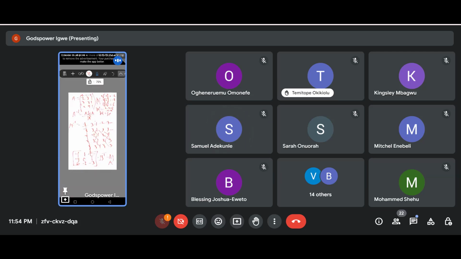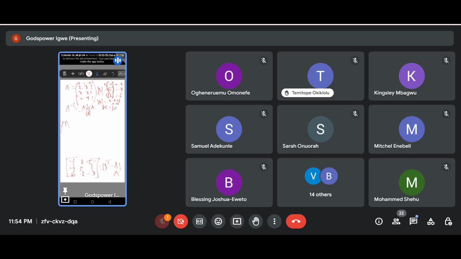So we use this now. So we come back here now to A inverse, and then we see our A inverse is equal to 1 over the determinant. What was the determinant?